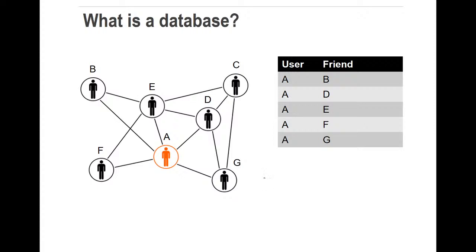In this case, we want to look at a possible social network graph from the point of view of a user A. That's why he's highlighted in orange. So A is friend with B. So then there is an entry, user A is friend with B. Yeah, this is also known as a knowledge graph if you represent that particular instance.